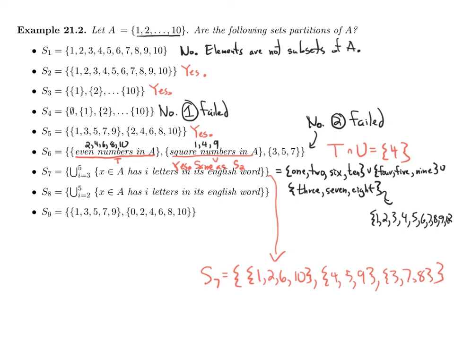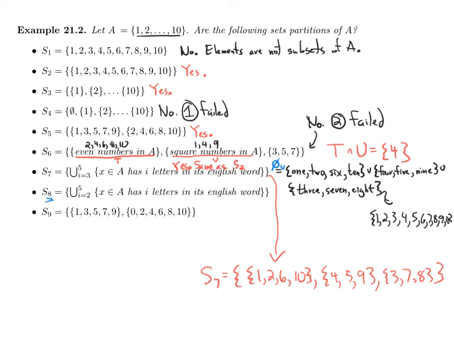S8, you can see the only difference here is that we're starting at 2. And there are no numbers here that have 2 letters in their word. So the difference between S7 and S8 would be that at the start you would have a union of the empty set.